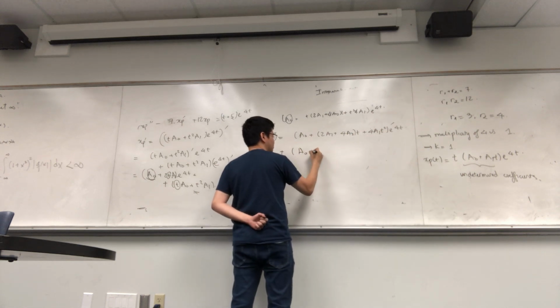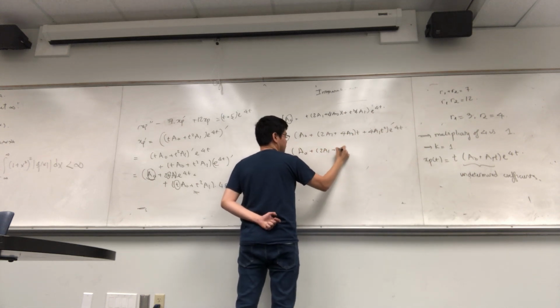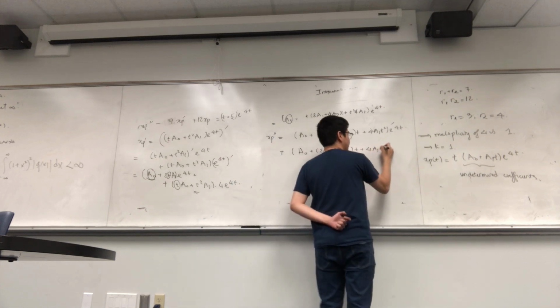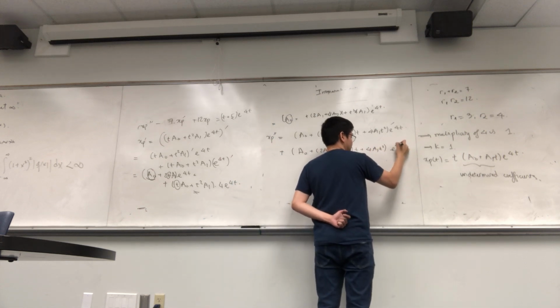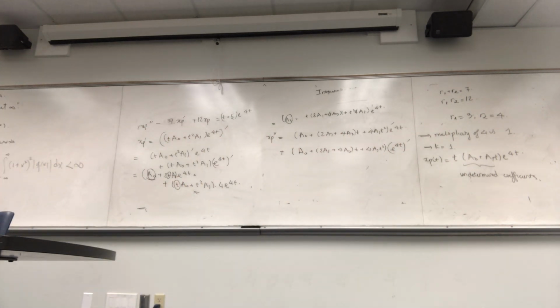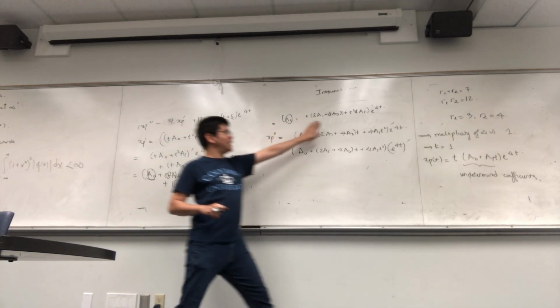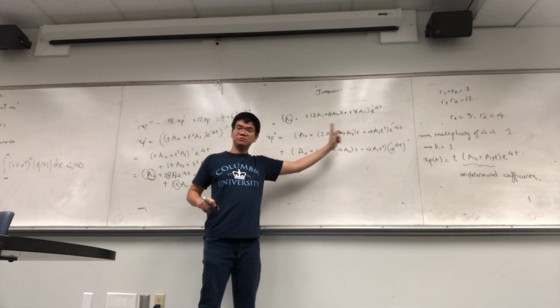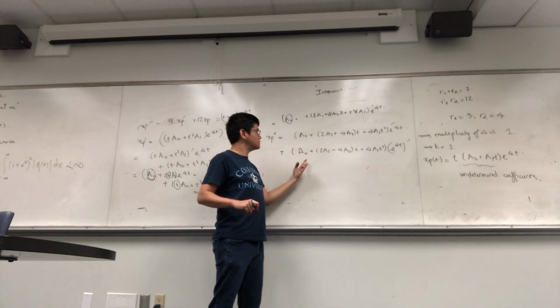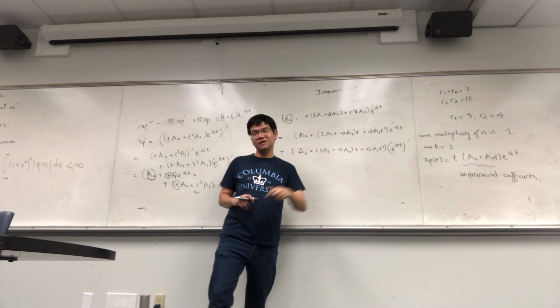Then you have (a0 plus (2a1 plus 4a0)t plus 4a1 t squared) times (e to the 4t) prime. I have to take another derivative of this guy. To do so, I take the derivative of the first guy times the second guy plus the first guy times the derivative of the second guy.